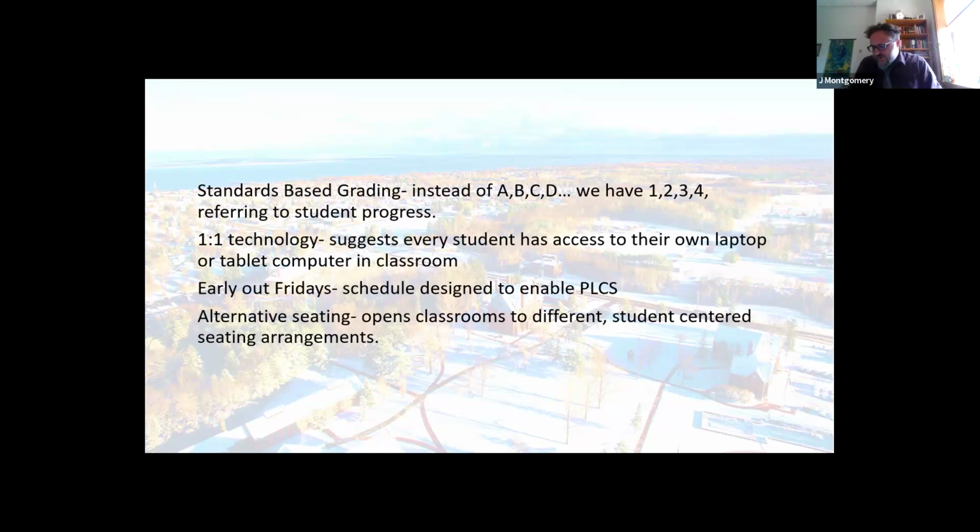One-to-one technology refers to each student having their own access to a laptop or tablet computer. Early out Fridays preserved half of Fridays for PLC meetings, where groups of teachers plan and meet. And alternative seating refers to allowing a less rigidly arranged classroom. Sometimes you find couches or beanbags, sort of bouncy round chairs.